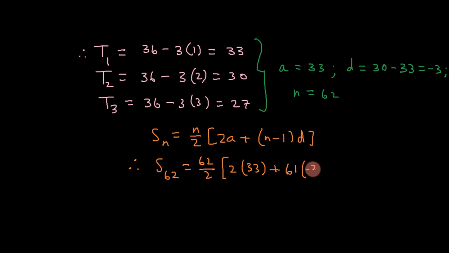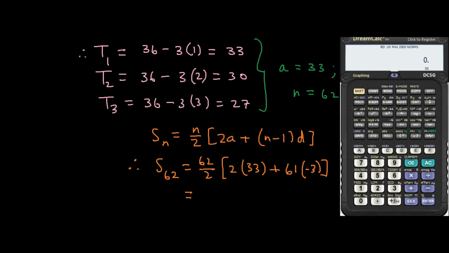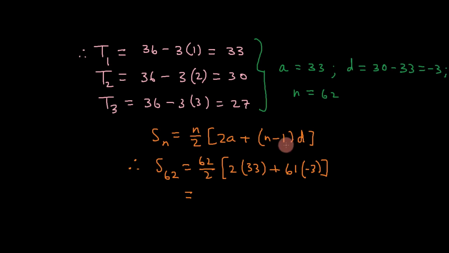And d was negative 3. Just using a calculator here, and it comes to negative 3,627.